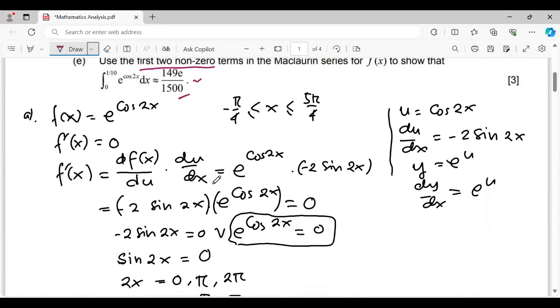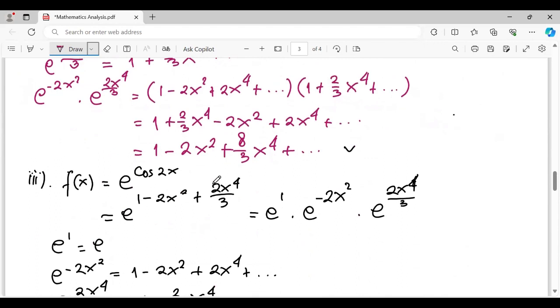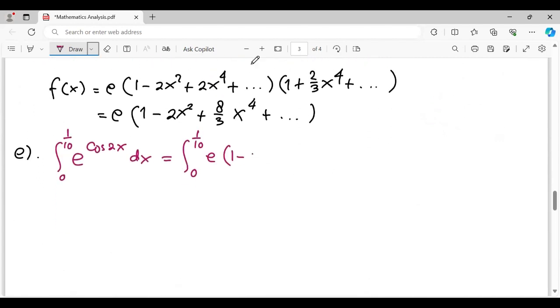It means 1 minus 2x squared dx. It becomes e times the integral from 0 to 1 over 10, and the integral is x minus 2 thirds x cubed.